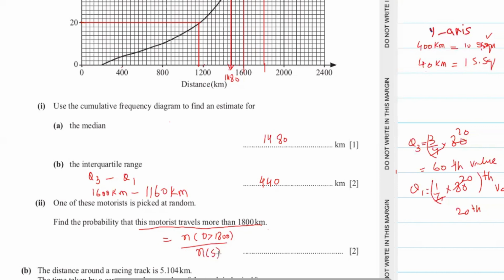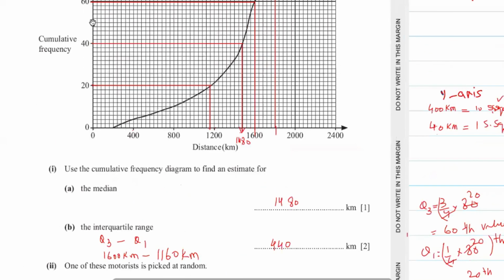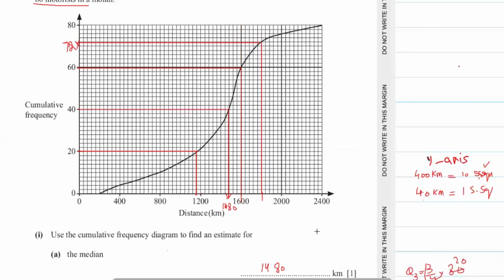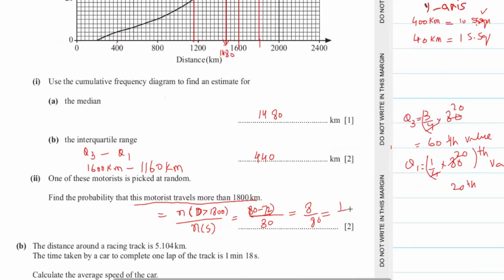Here, 80 minus 72 divided by total motorists, which is 80. This value is equal to 8 over 80, and this is the probability. This will be equal to 1 over 10, and this is the answer.